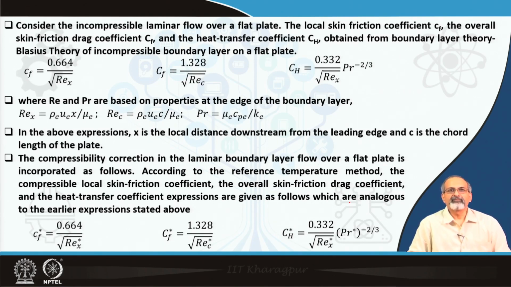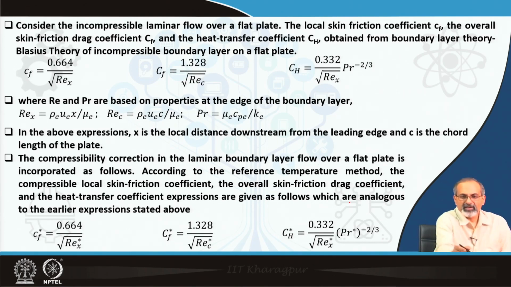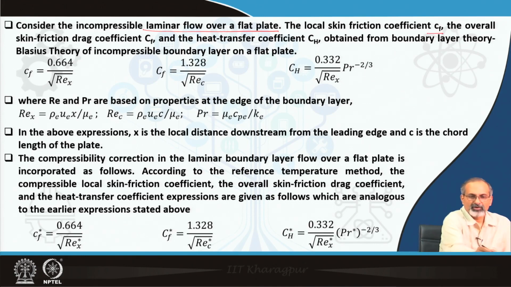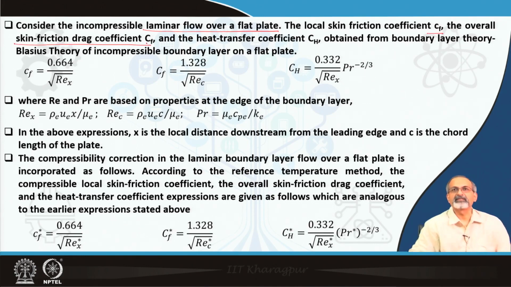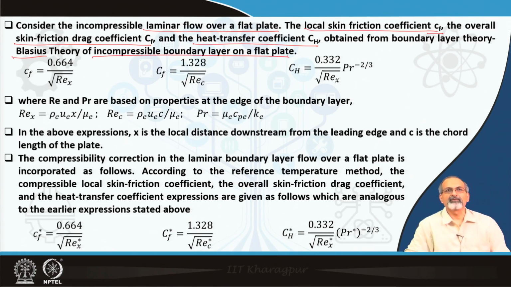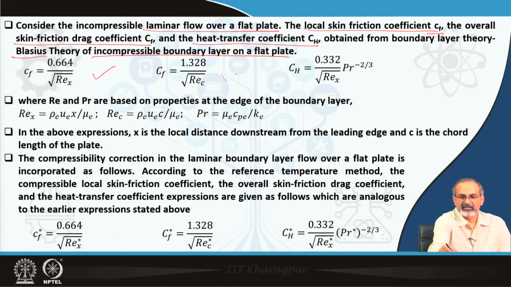We considered the incompressible laminar flow over a flat plate, the local skin friction coefficient Cf, the overall skin friction drag coefficient CF capital, heat transfer coefficient Ch, which are obtained from boundary layer theory of Blasius for incompressible boundary layer flow on a flat plate, are given by these relations.